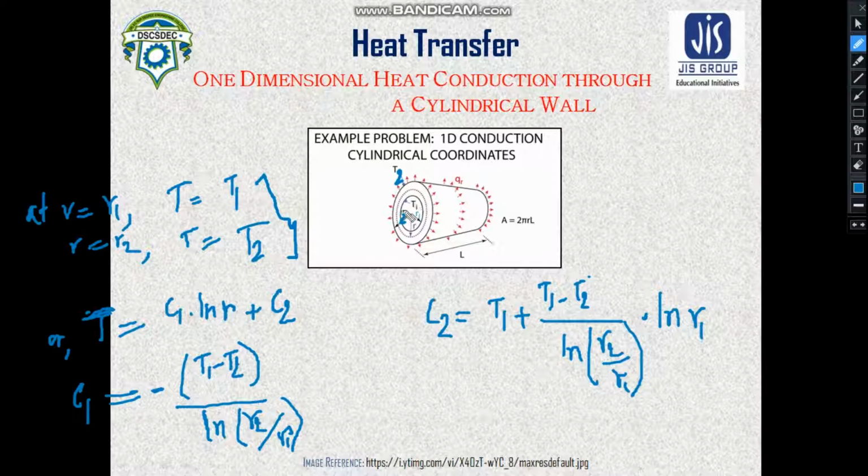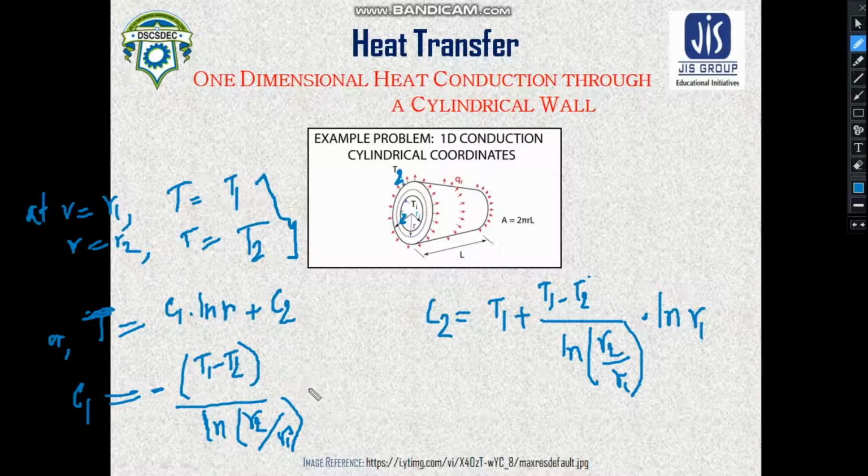The temperature maintained at the inner radius is T1, and the temperature maintained at the outer radius is T2, so there r is equal to r2 and T is equal to T2. So you can generate two separate equations, which you will solve for C1 and C2, and after solving you will get these two values.